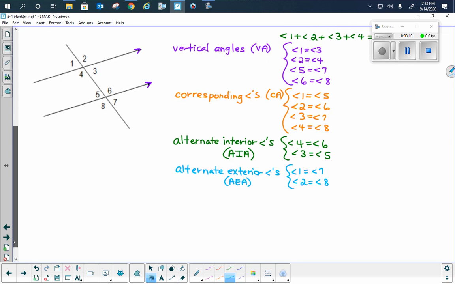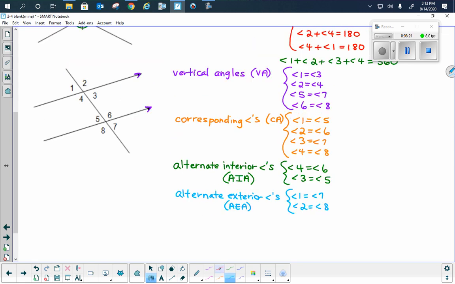Okay. And then let's talk about supplementary. Okay. And let's see. So for supplementary, we would have angle 1 plus angle 2 equals 180.